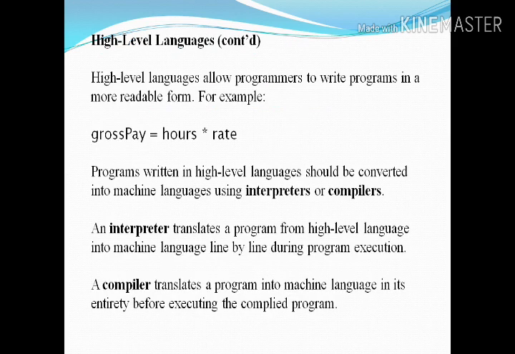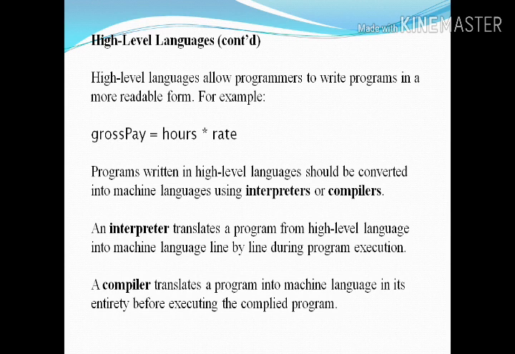I'm giving you time to read the slides. See this? High level language is continuing. High level language allows programmers to write programs in more readable form. For example, gross pay equals hours into rate. Here the programs written in high level language should be converted to the machine level language by using an interpreter and compiler.